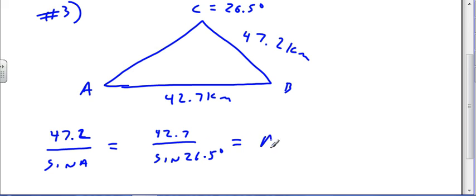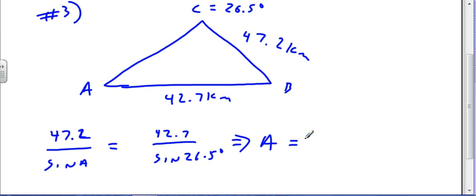Clearly implying that A is the arc sine of, and so I got arc sine of 47.2 times, well, that was pretty bad, isn't it? Oh yeah, that was right. What am I doing?